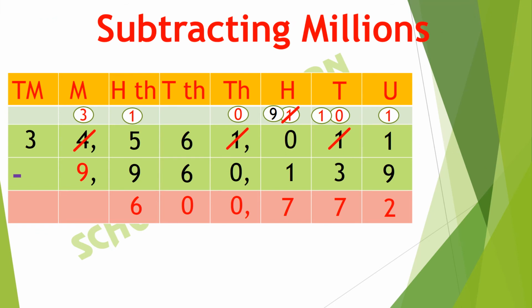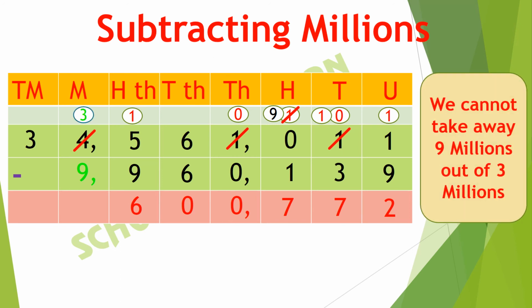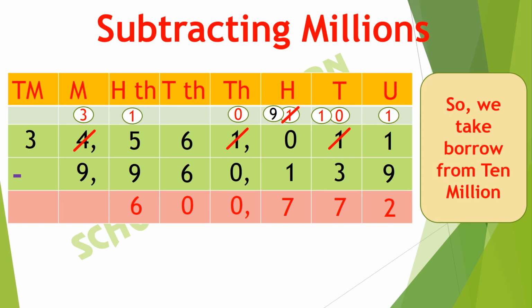We have to subtract millions. We will subtract 9 millions from 3 millions. But we cannot take away 9 millions out of 3 millions. What will we do now? We will borrow from 10 millions. So we borrow from the 10 millions.